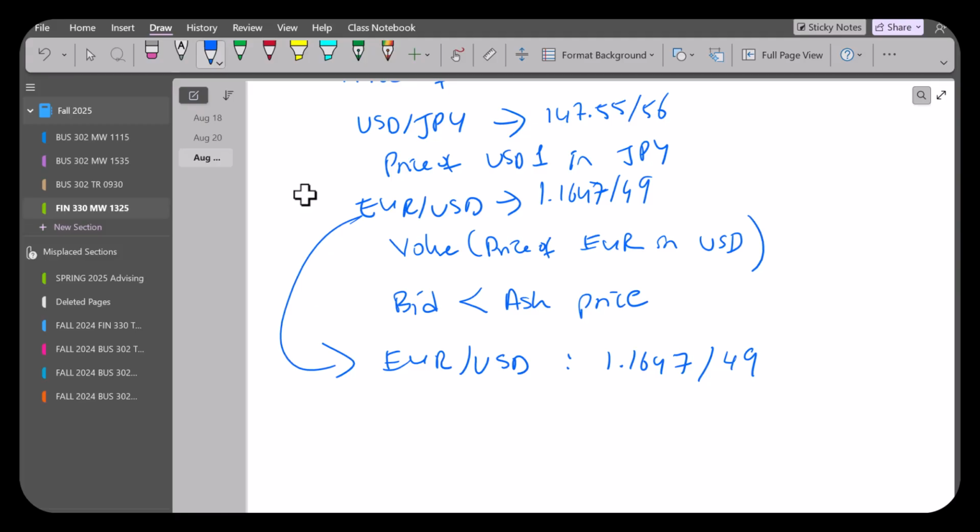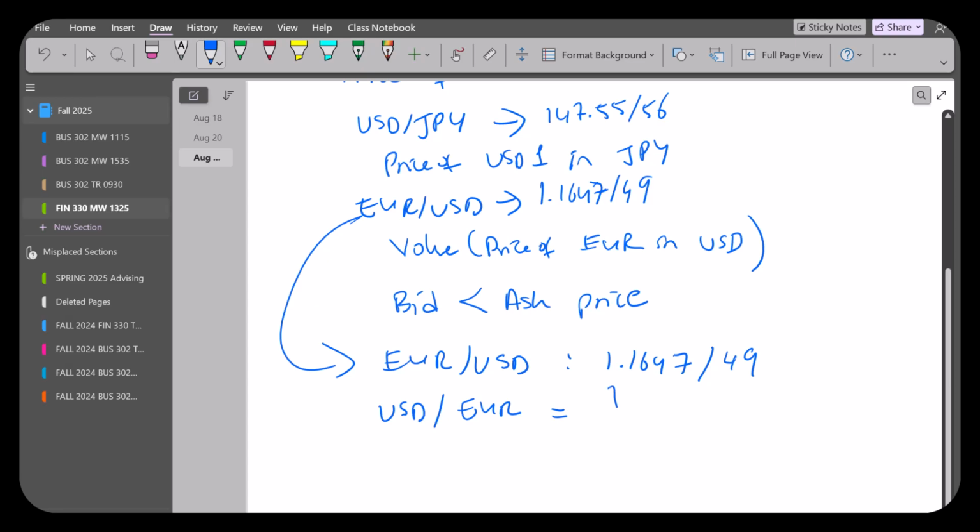If I ask you, give me the bid offer spreads in terms of USD euro, value of $1 in euro terms, what would you do? There is no bid offer spread. The exchange rate is simply the reciprocal, right?